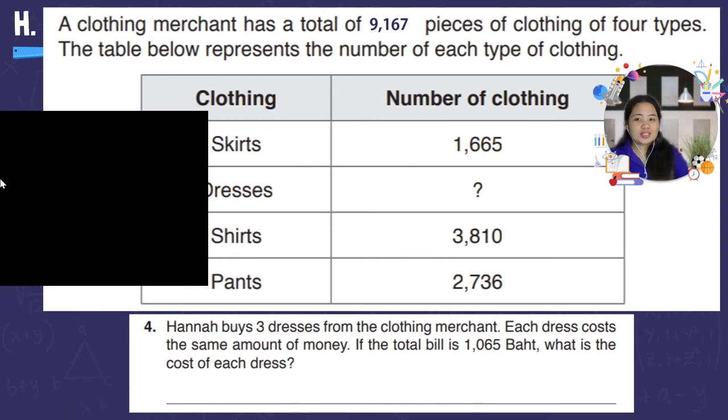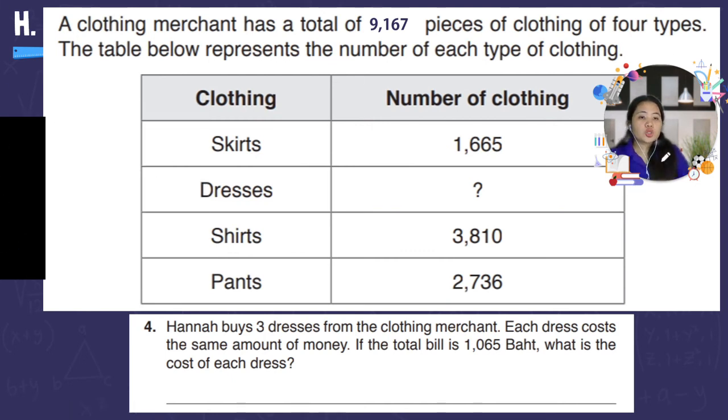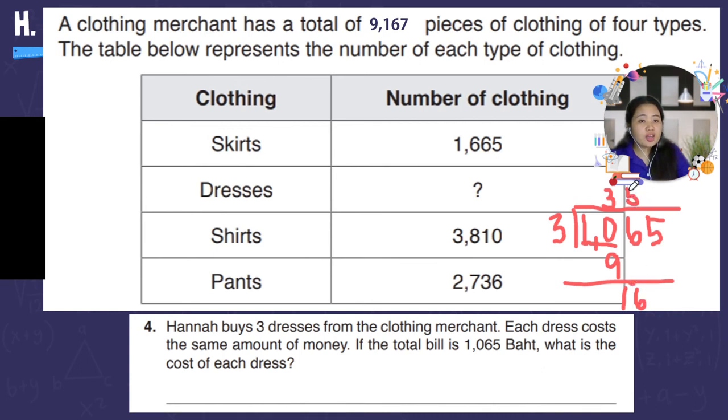Okay, so let's divide. So when you divide, you do like this. 1,065 divided by 3. So 1 divided by 3 cannot, so we go by 10. 10 divided by 3 is 3. 3 times 3 is 9. 10 minus 9 is 1. Bring down 6. 16 divided by 3 is 5. 5 times 3 is 15.